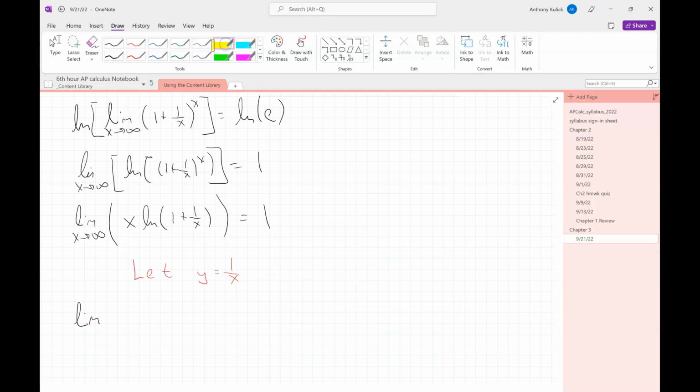So the variable involved in my limit also needs to change. If I look at this, as x approaches infinity, what is y going to approach? 0. Does everybody see that? So my bound on my limit is going to change.